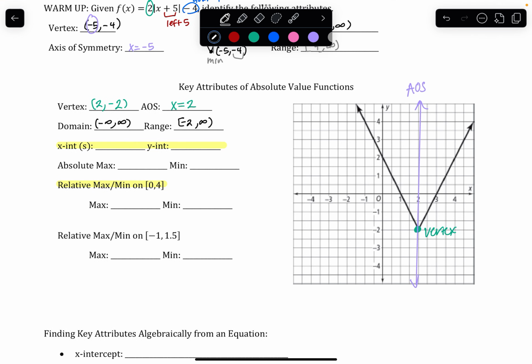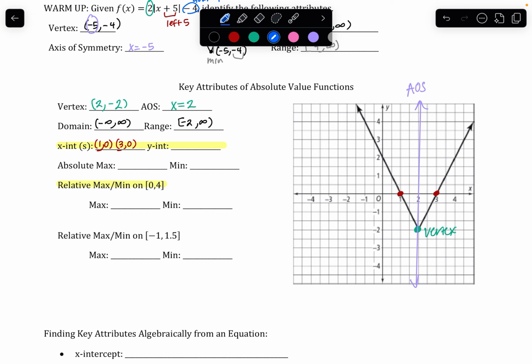Okay, the x-intercepts are 1 and 3. So we write these as ordered pairs. It's a good habit to get into. 1, 0 and 3, 0 are those ordered pairs. X-intercepts are x values when y is 0.